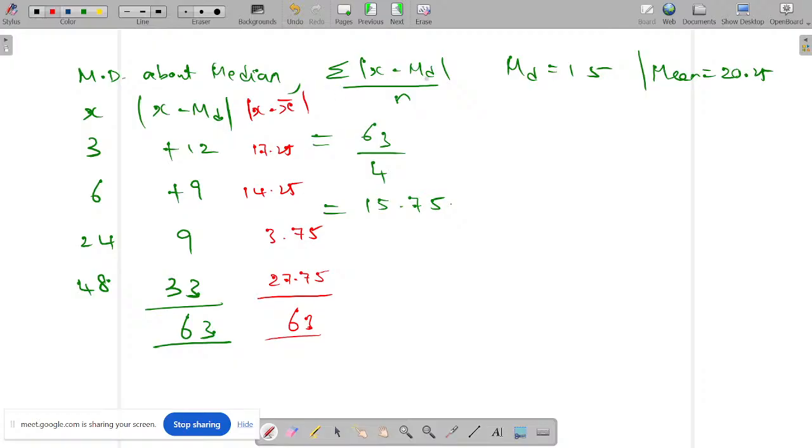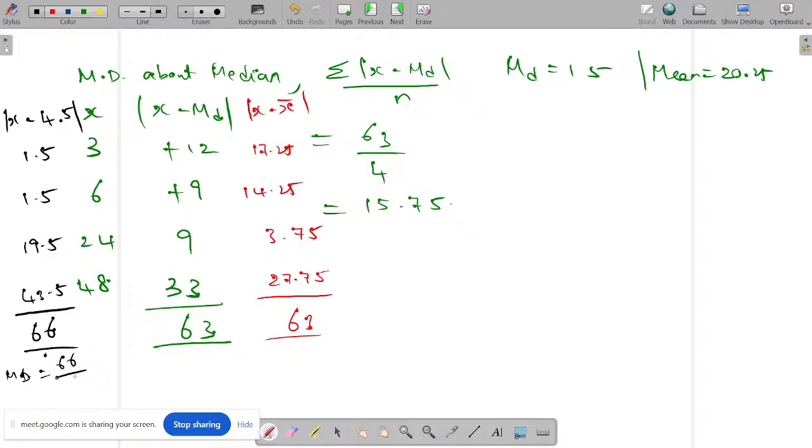Okay, no issues. Then mode. What is the mode value? Let me work out this side. X minus mode value? 1.5. So the mean deviation here will be 66 divided by 4.